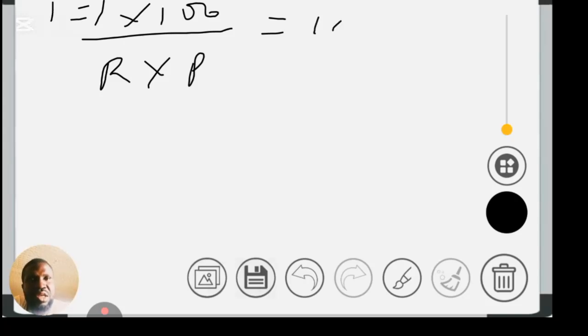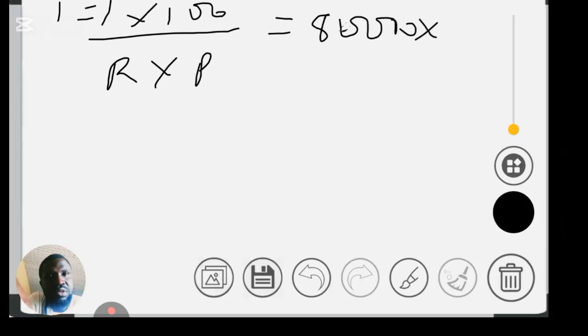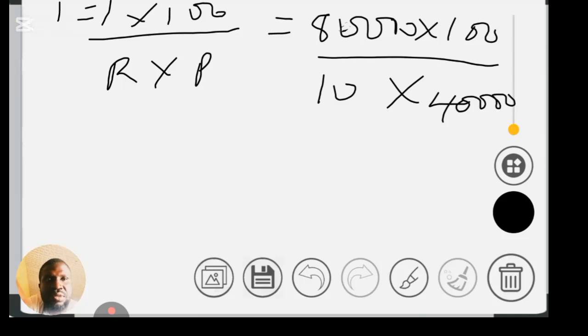So we say our interest is 8,000 naira times 100, all divided by, what is our rate? Our rate here is 10% times our principal, which is what? 40,000 naira. So now let's solve.